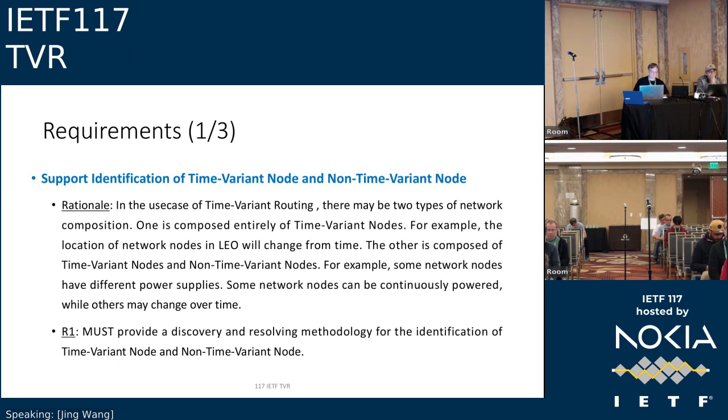So the first requirement is supporting identification of time variant nodes and non-time variant nodes. I think in the use case of time variant routing, there may be two types of network composition. One is composed entirely of time variant nodes, for example, the location of network nodes in LEO will change over time.